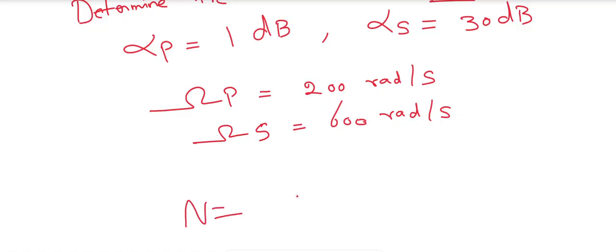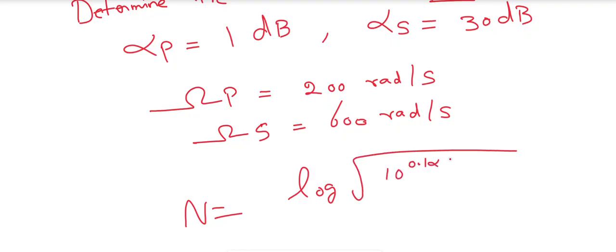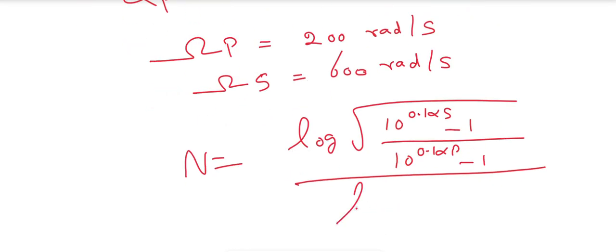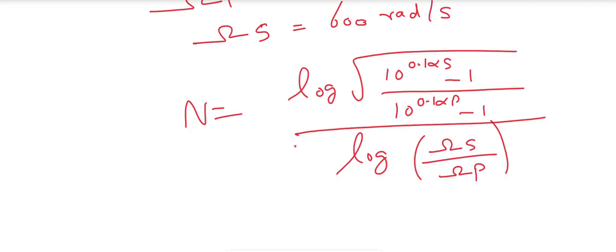N is equal to log of square root of 10 to the power 0.1 alpha s minus 1 divided by 10 to the power of 0.1 alpha p minus 1, divided by log of omega s by omega p. So substitute the values alpha s, alpha p.